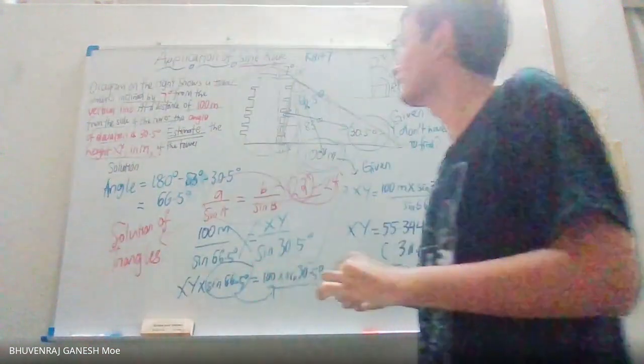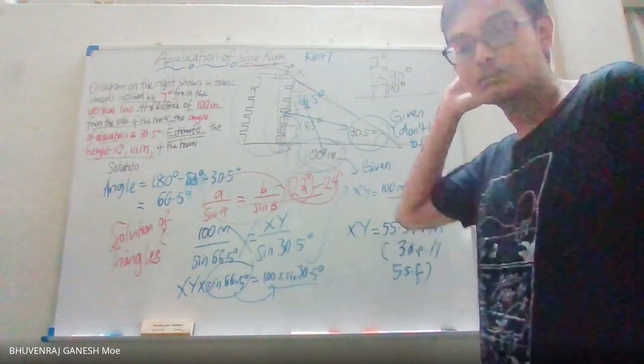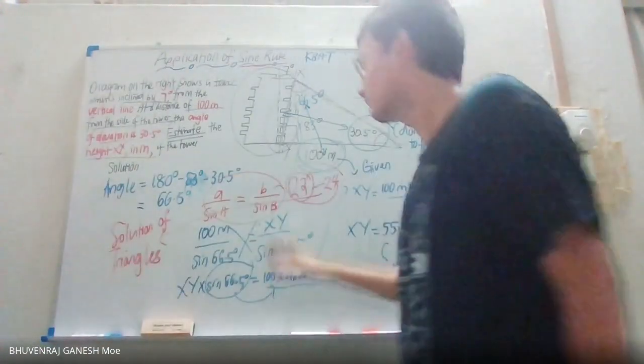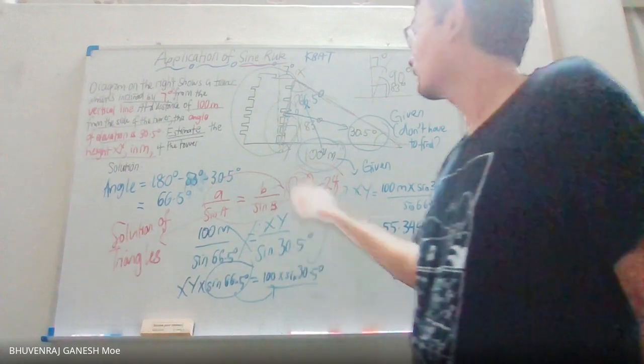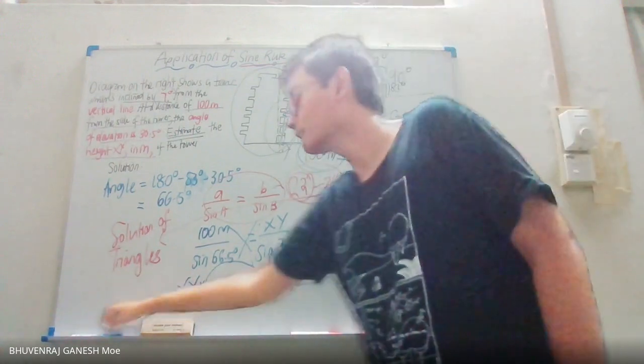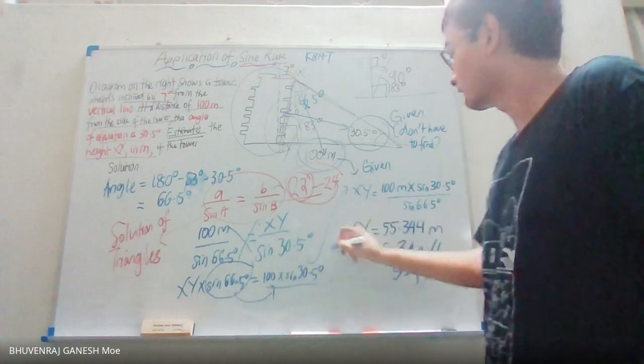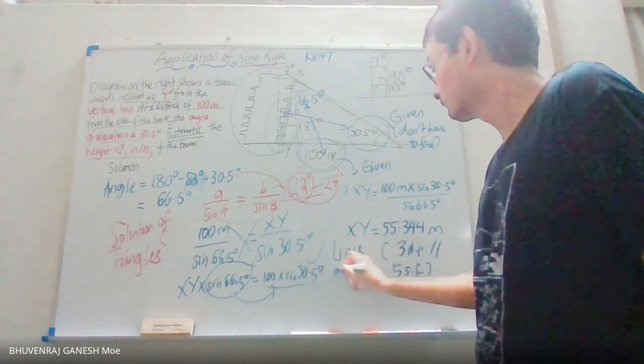So this is the application. Actually it's not that hard in any way, because the whole thing is just playing on this sine rule. With the sine rule, you have to master how you relate the lines and angles. That's the most important thing here. It's about lines and angles.